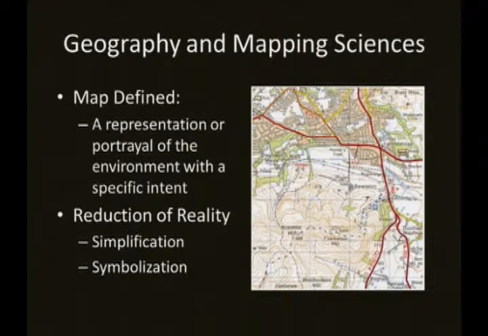Its intent is to show us elevation, to show us development, to show us urbanization. But as you notice, it doesn't show us everything. It provides us with roadways and some building structures and some streets, but certainly it doesn't show us everything. There's no need to show us every single building. There's no need to show us every single small road, because that's not what a topographic map is intended to do.